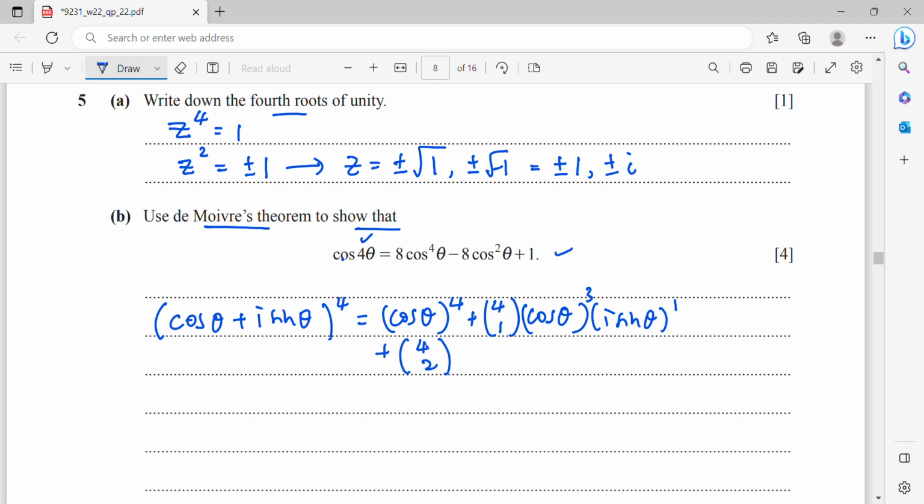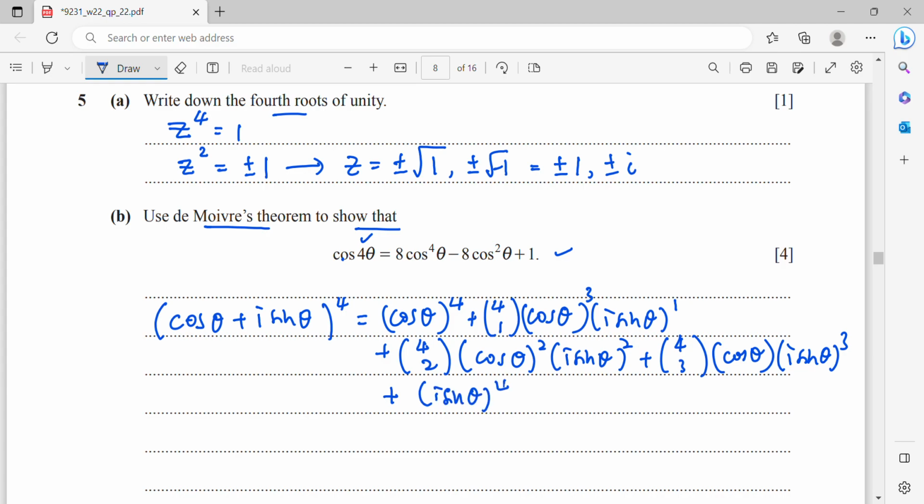This is called 4C2, the combination. cos^2 theta, i^2 sin^2 theta, then 4C3 cos theta, power 1, because the first term power must be dropping. So i^3 sin^3 theta plus i^4 sin^4 theta.